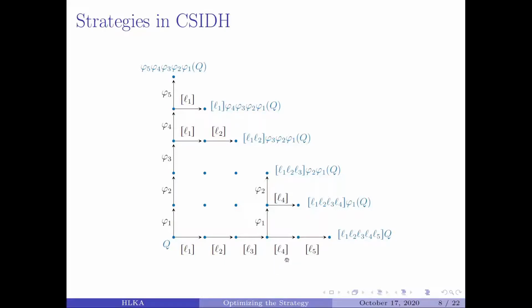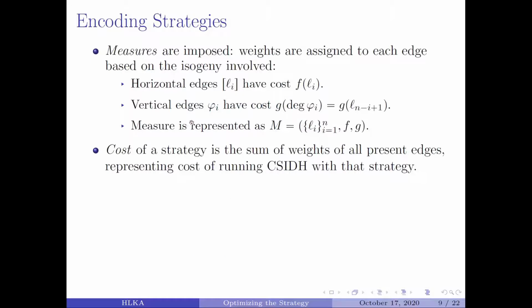In order to quantify what we mean by best, we'll assign weights to all of the edges in this strategy. So horizontal edges are always multiplication by some Li, and we'll denote the cost of that by f of Li. Vertical edges are always isogeny evaluations, and the cost of that only depends on the degree of the isogeny.